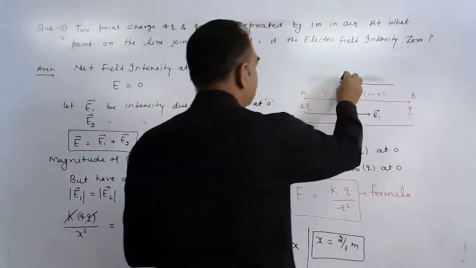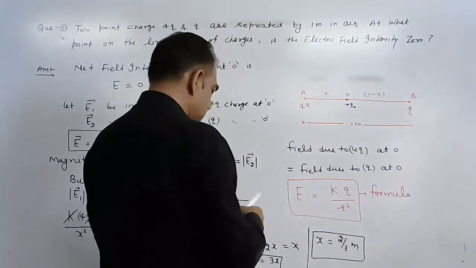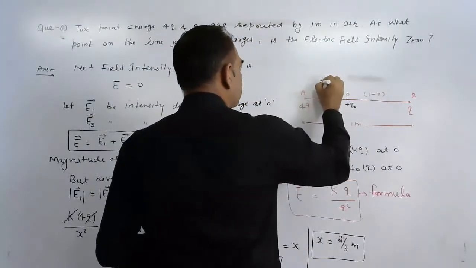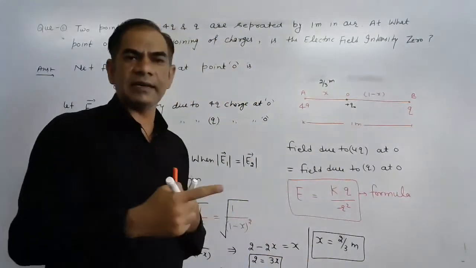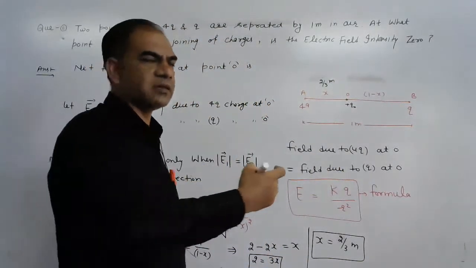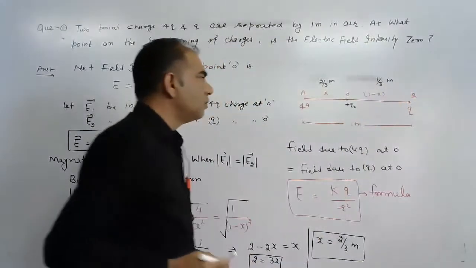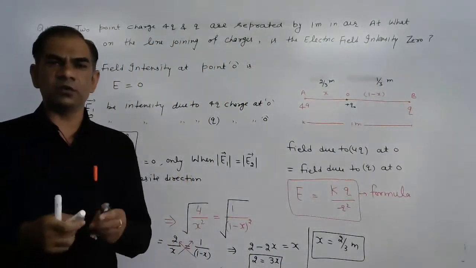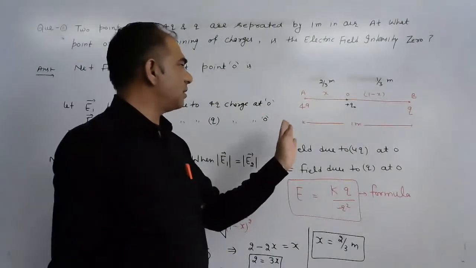Having found the value of x, we write into the diagram that this distance is 2 by 3 meter, and the remaining distance is 1 minus x. So 1 minus 2 by 3 becomes 1 by 3 meter. In an objective type question, options may be given in this way.